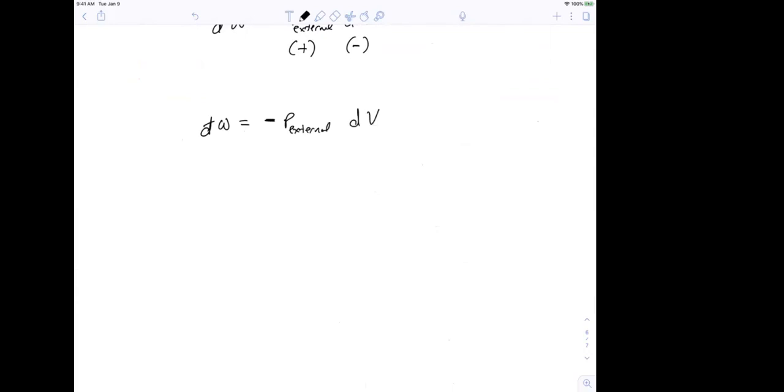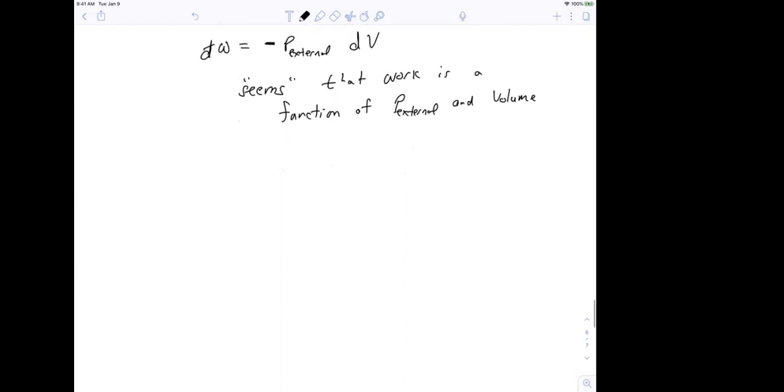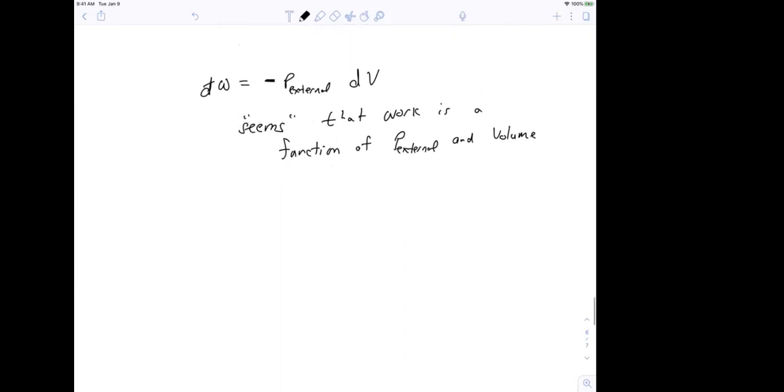And it seems that work is a function of pressure and volume. Because on the right-hand side of this expression, I see pressure and volume. So perhaps we can sort of visualize this.